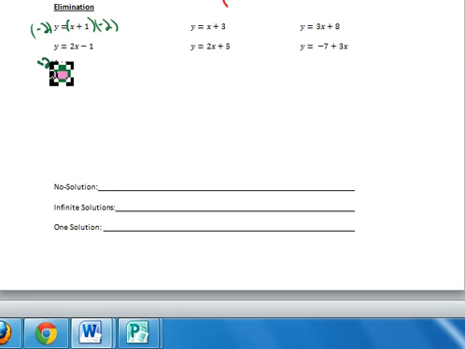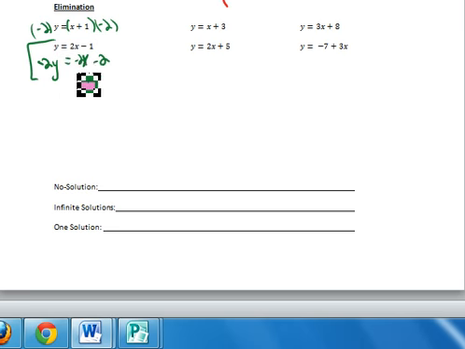So our top equation, once we distribute this in, we get a -2x and then -2. That's just distributing that -2 in. Now the reason that we multiplied by -2 is because when we add these two equations together, the x's become 0.